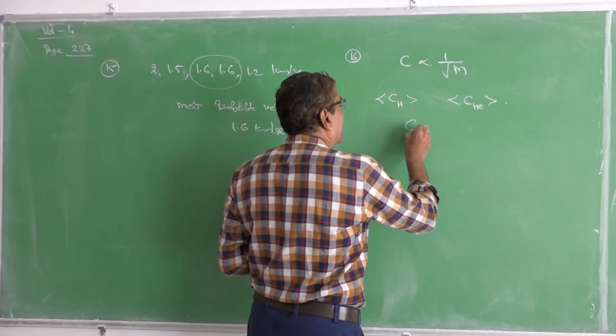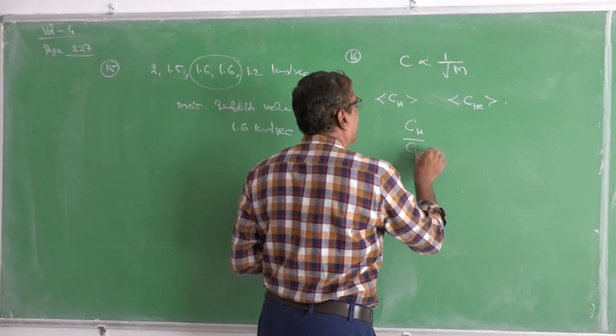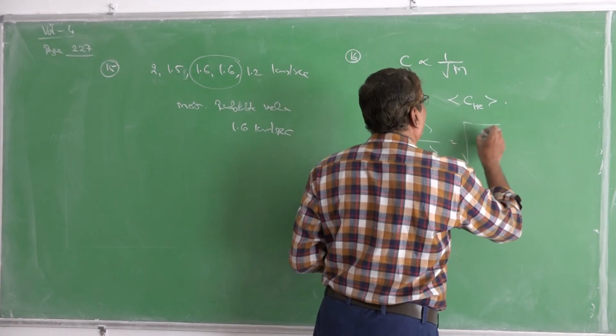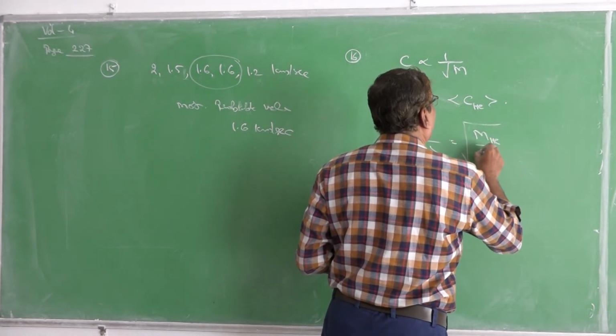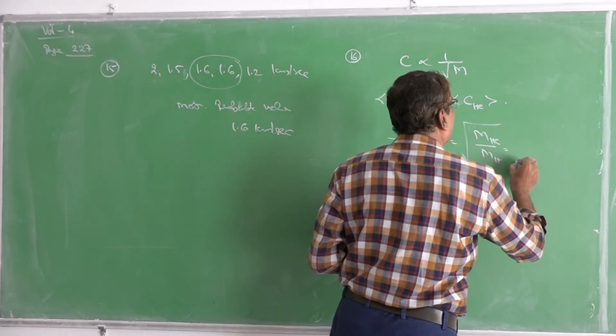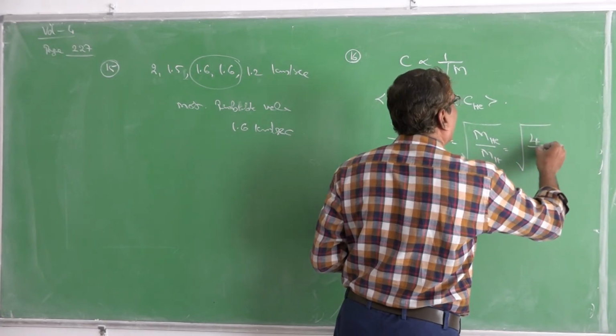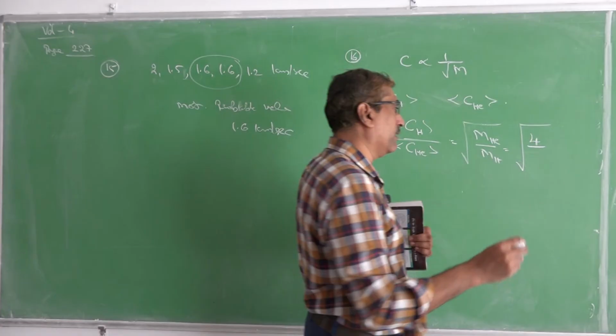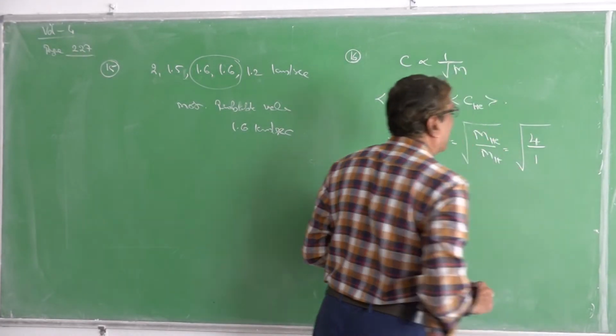So we write like this, CH by CHE is equal to square root of MHE by MH, that is square root of 4 divided by, here it is not hydrogen molecule, it is atomic hydrogen.